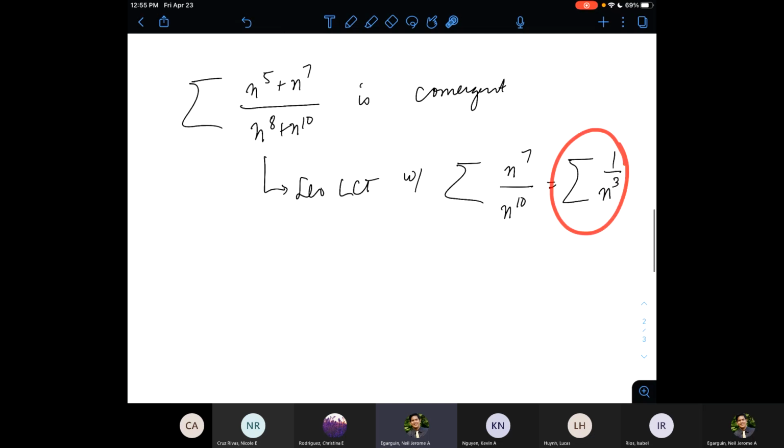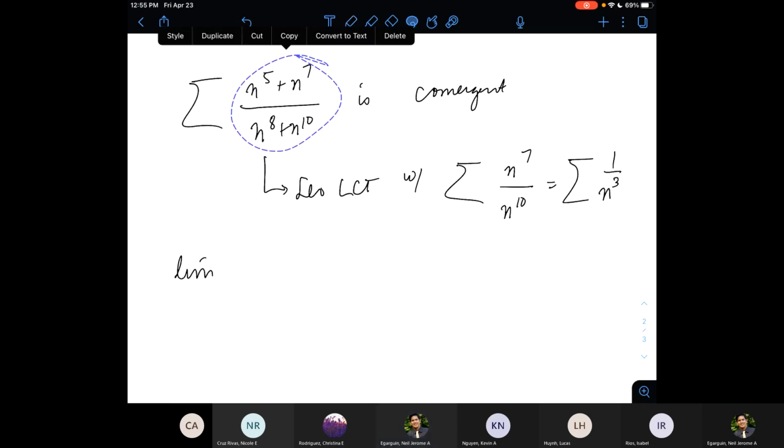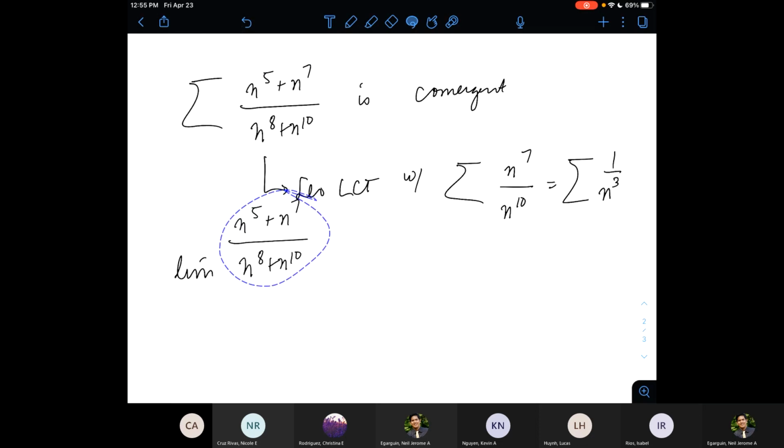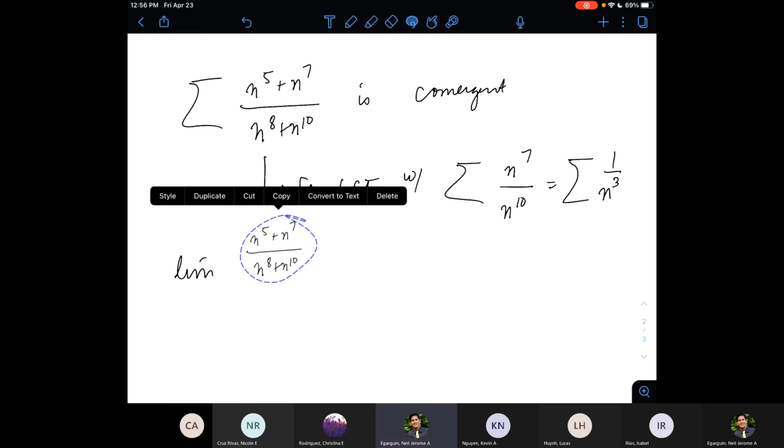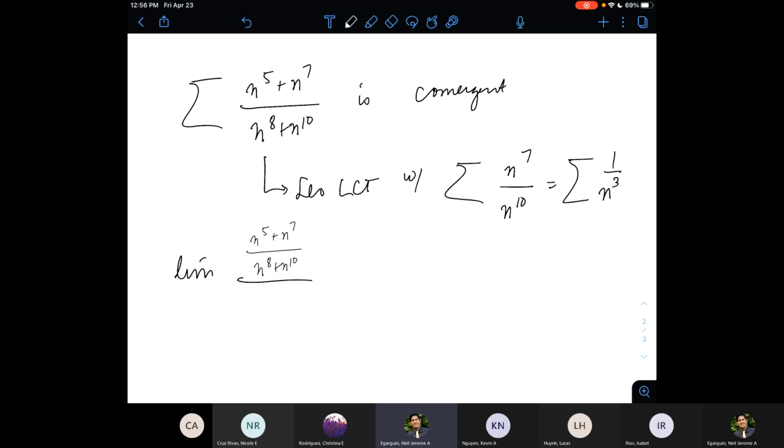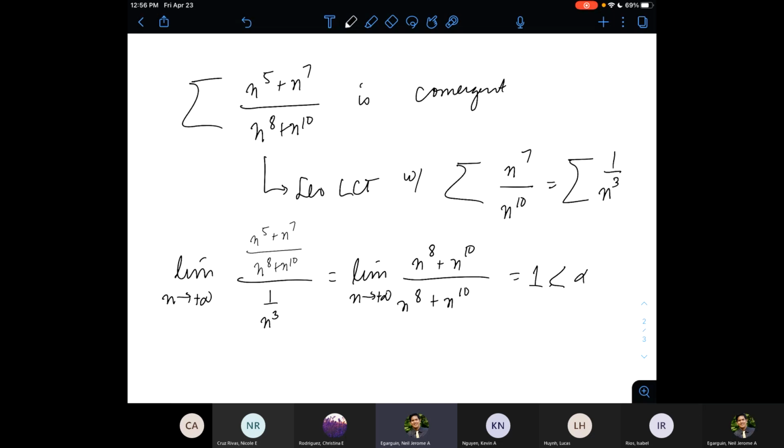So if you do the limit of this guy over the testing series, 1 over n cubed, as n approaches infinity, by design this will be n to the 8 plus n to the 10th all over n to the 8 plus n to the 10th. This will just become 1, right? And this is a finite constant.